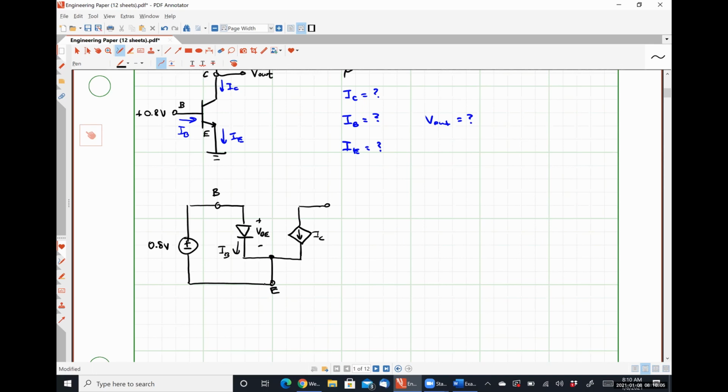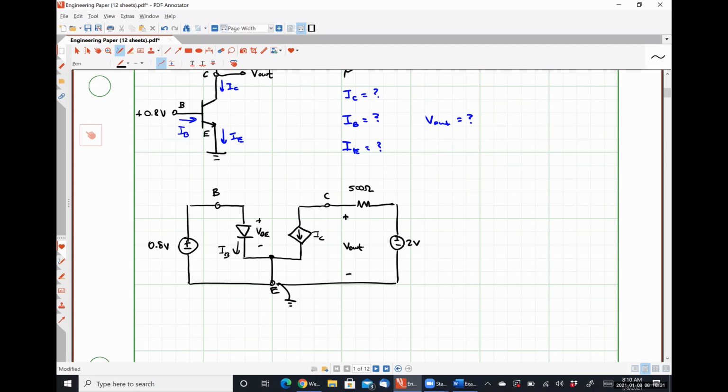Between the collector and the emitter terminal, I have a 500 ohm resistor. That's my RC, as well as a 2-volt source. And then this guy is my ground. My output voltage is between my collector and ground. So here's V out.